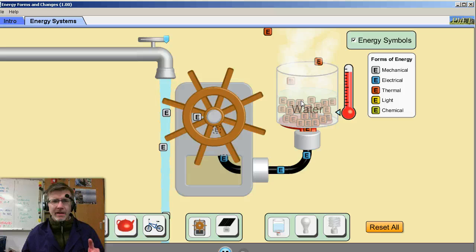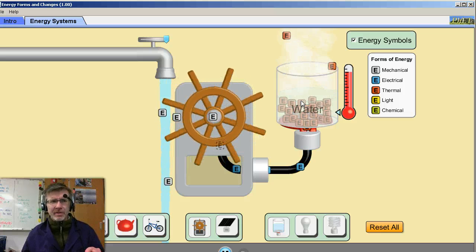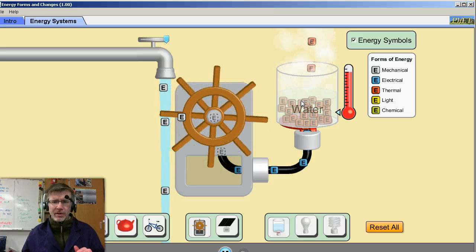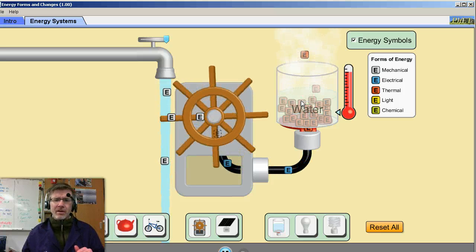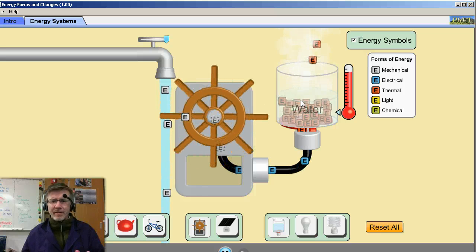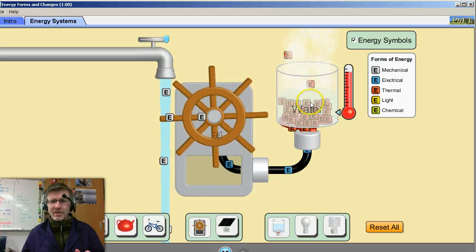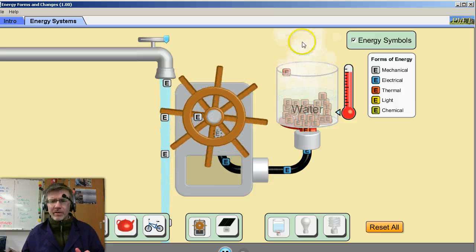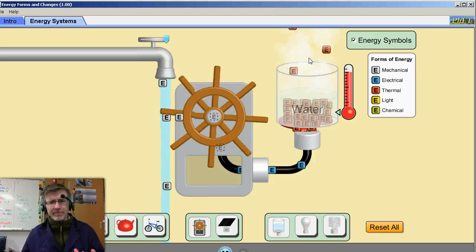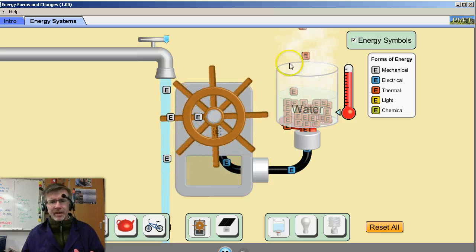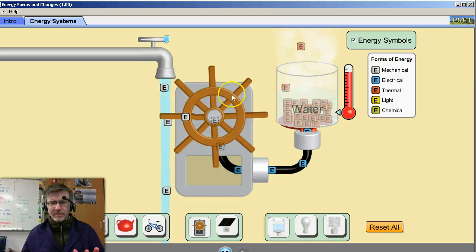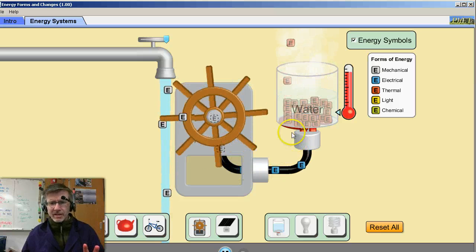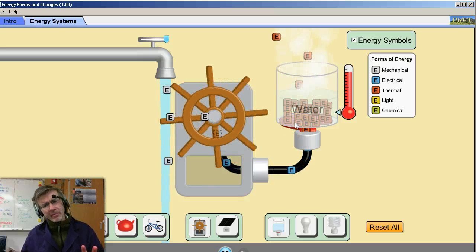So we've talked about inputs, outputs, components, and boundaries. Now, equilibrium. If I imagine that there's water boiling over here, and there's kind of water vapor, so steam, coming off here, but this is turning at a constant speed, and this electricity is flowing kind of constantly, this is an equilibrium, it's a balance.